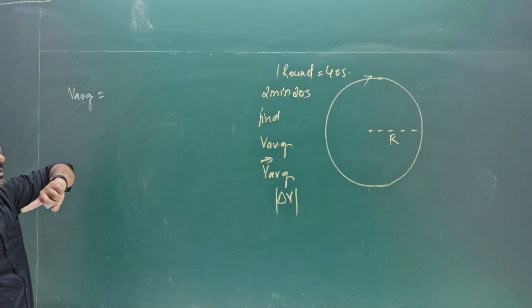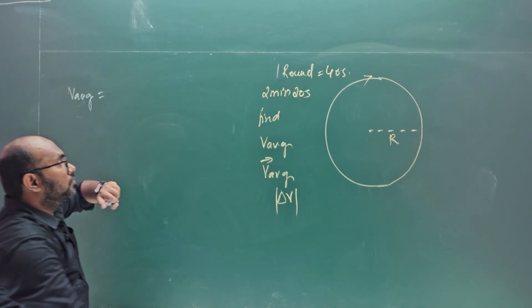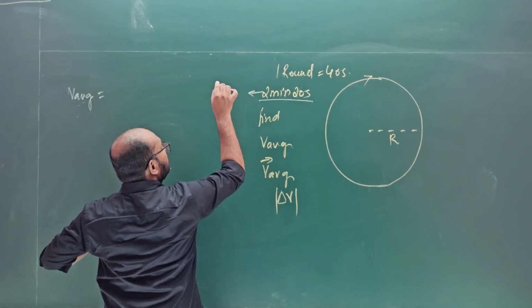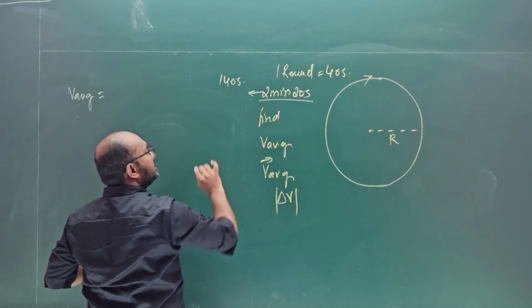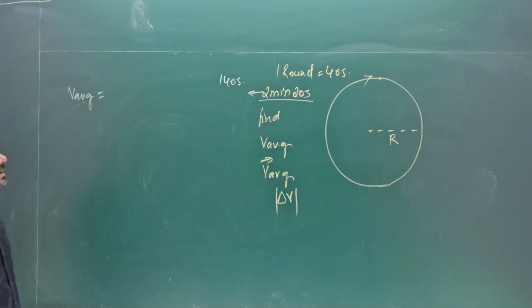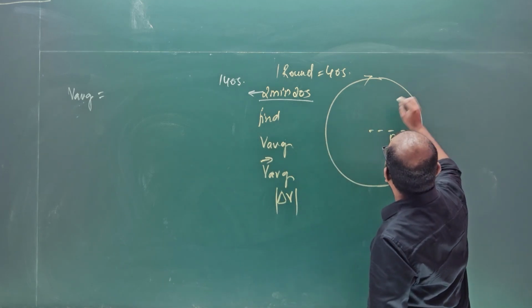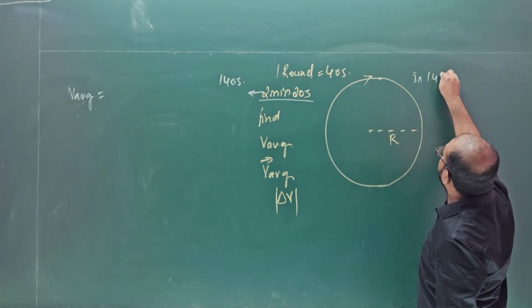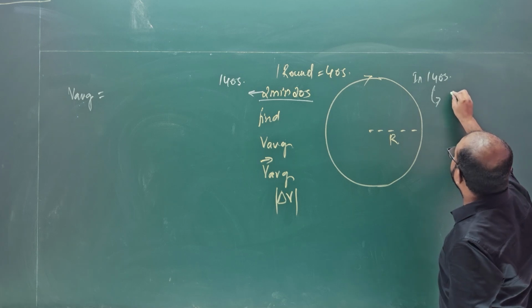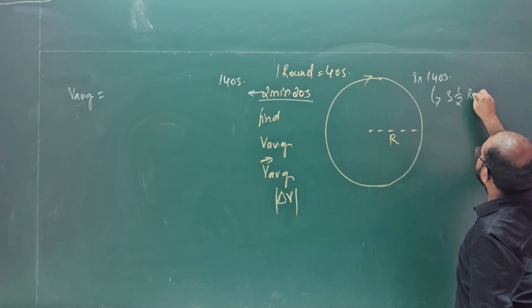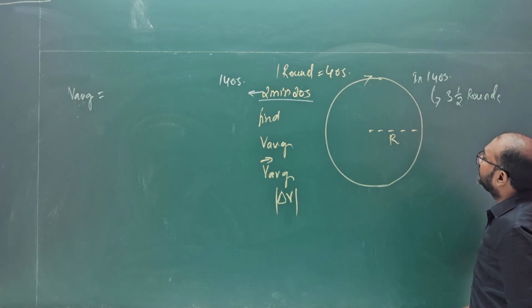And 2 minutes 20 seconds is nothing but 140 seconds. That means how many rounds is it taking? 3.5 rounds. So in 140 seconds, the body is completing 3.5 rounds.